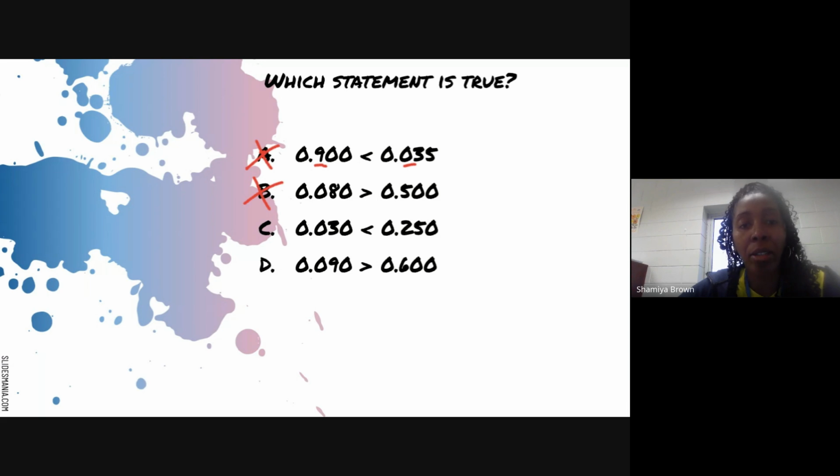And my comparison statement says that this number is less than this number, and that is true. So C would be my answer. And I see that D is wrong because this is not greater than this because the 0 is here and a 6 is here. So my answer is C.